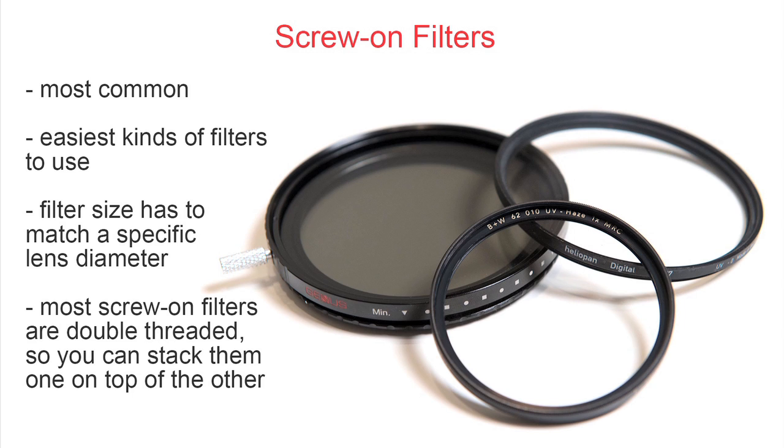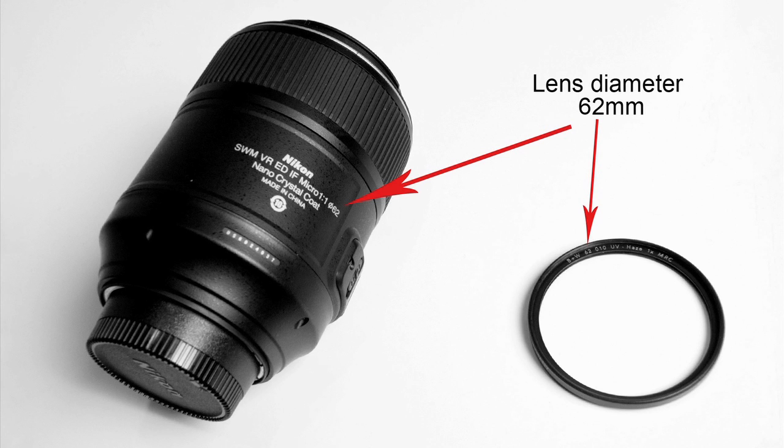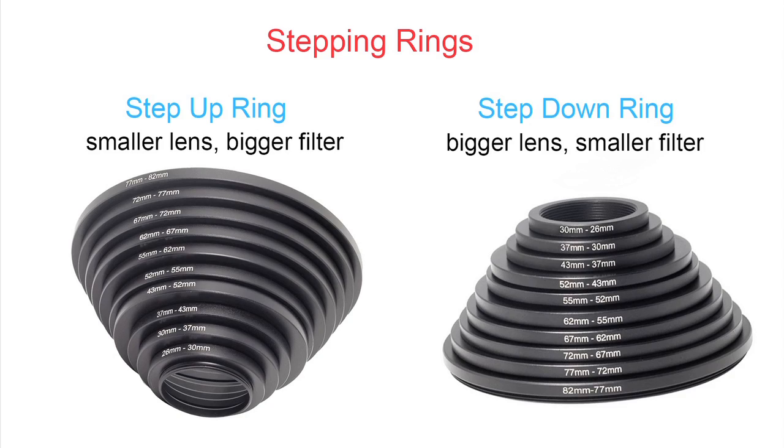Though the disadvantage of screw-on filters is that a filter size has to match a specific lens diameter. This means if you have different lenses with different diameters, you will have to buy a separate filter for each of them.